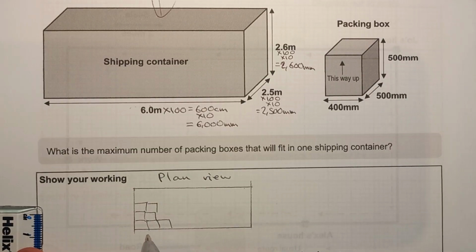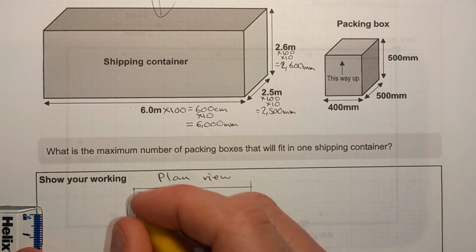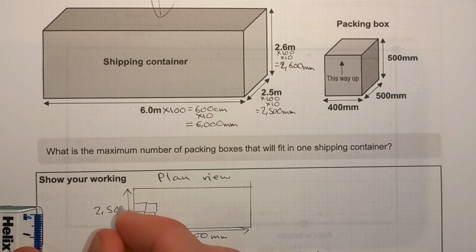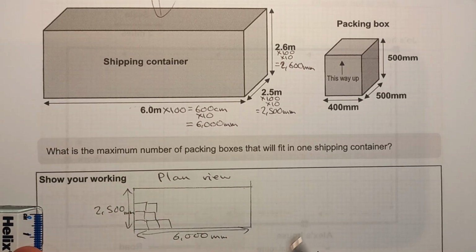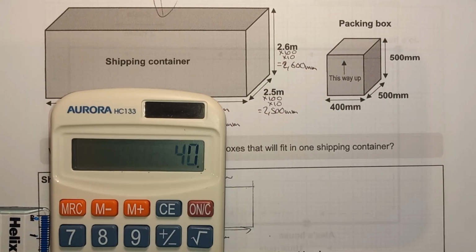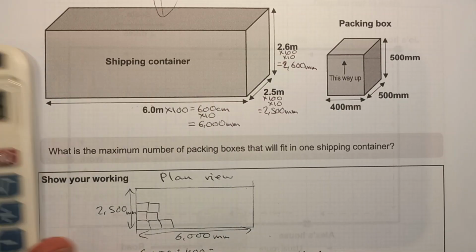Now we know that along here we've got 6,000 millimetres, and this way here we've got 2,500 millimetres. So how many of these boxes can we fit along here? Well, it's going to be 6,000 divided by the length of the box, so 400, which is 15.